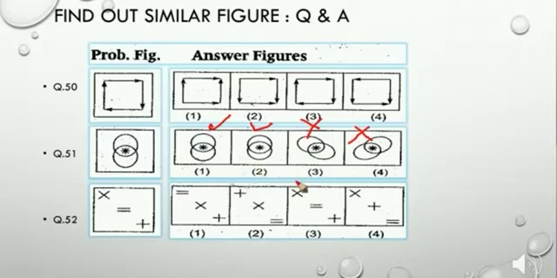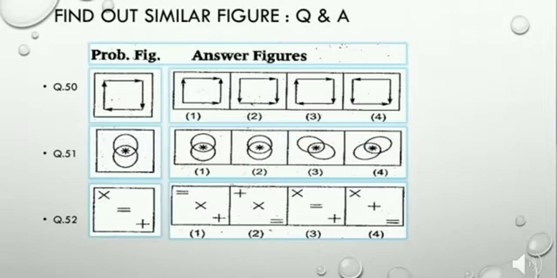Let's check further. In case of option 1, the size of the circles is the same, whereas in case of option 2 the size of the circles is not the same. So answer for question number 51 is 1.